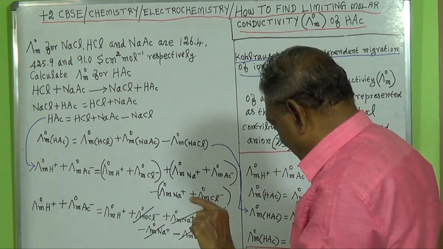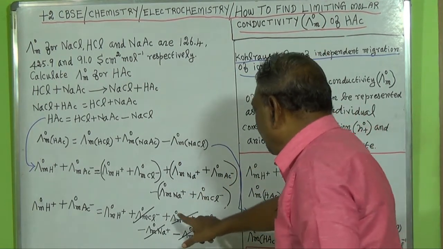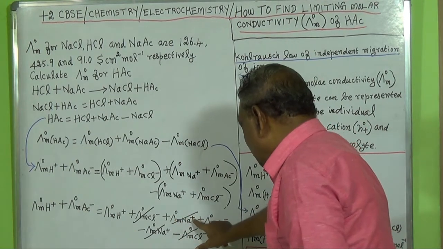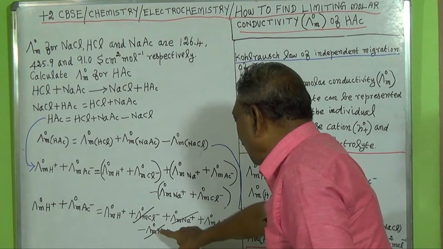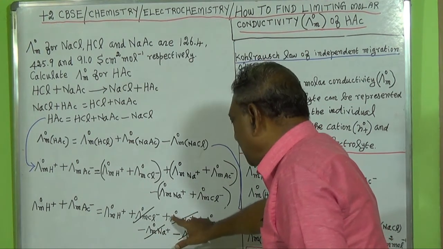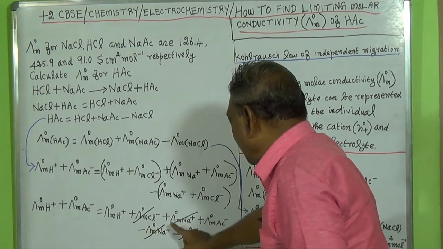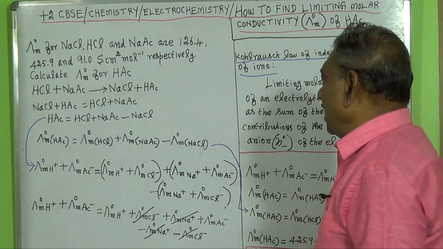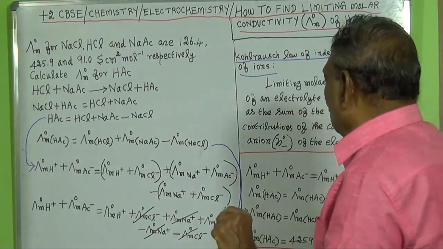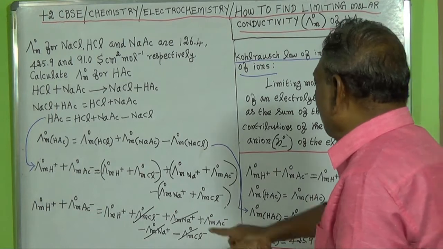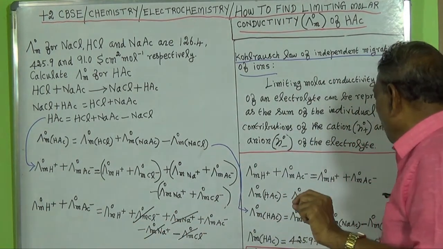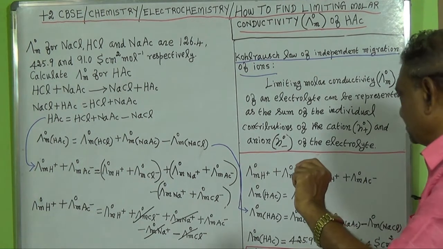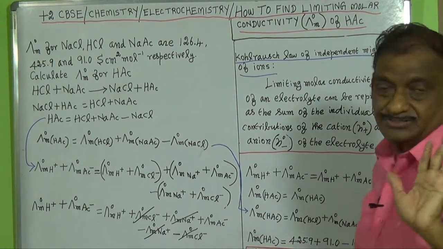Likewise, there is plus limiting molar conductivity of Na plus and minus limiting molar conductivity of Na plus. So this plus and the minus can be cancelled. So the remaining is only limiting molar conductivity of H plus and the limiting molar conductivity of Ac minus. We need this.